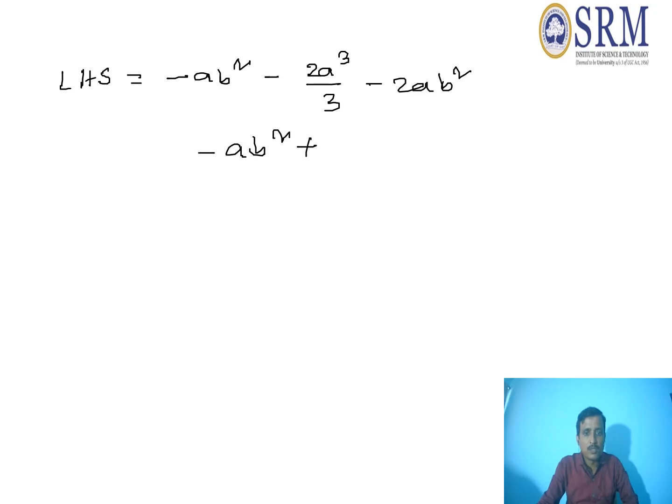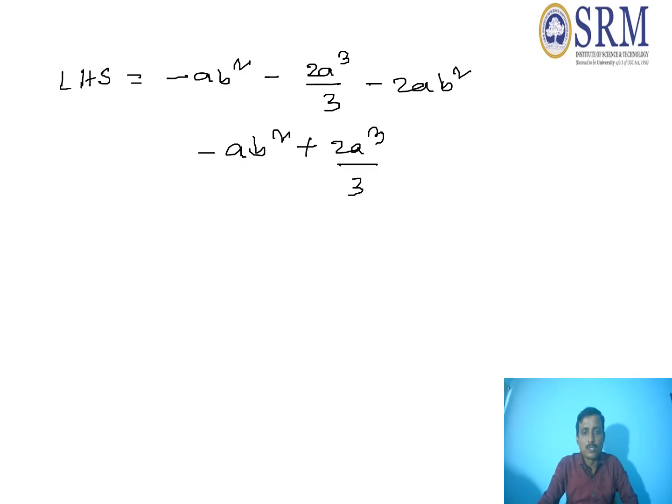So that means we will get the LHS: ab square minus 2a cube by 3 minus 2ab square, minus ab square plus 2a cube by 3.